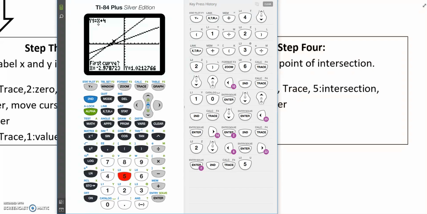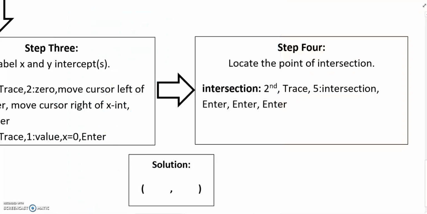Now it's going to ask you, are you on your first curve? Yes, I can see up here I'm on line 1. Are you on your second curve? Yes, I'm on line 2. It'll say yes, sure, and then you've got the intersection there at -5 and -1. So I'll put that here. -5 is my x value, -1 is my y value.